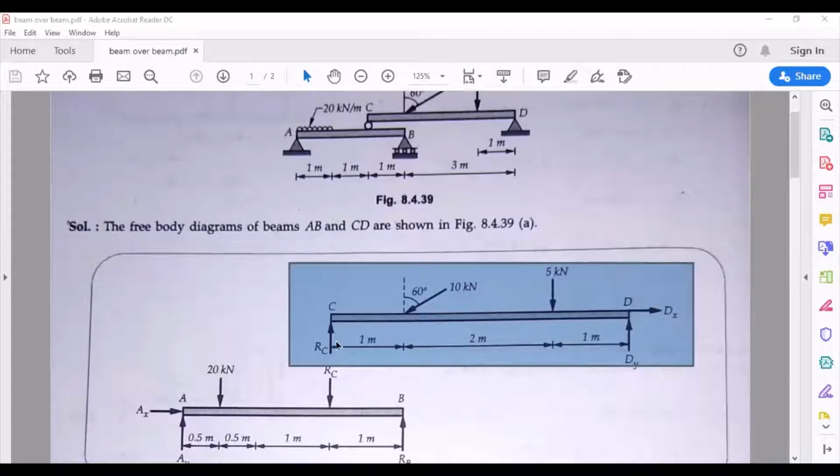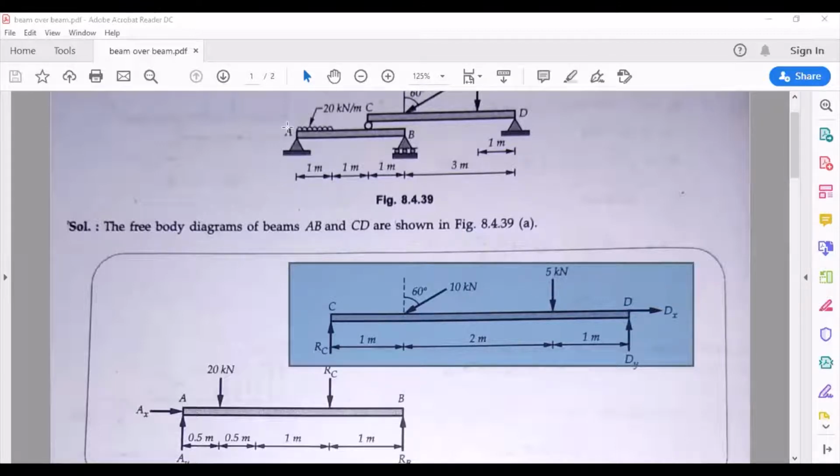In case you had assumed this to be acting downwards, then this point load would be acting upwards. So it will be vice versa. It will always be opposite to each other. So you have one reaction at C, and your free body diagram for beam CD is completed.